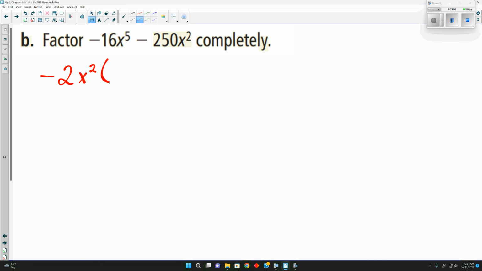So if we factor negative 2x squared out of negative 16x to the 5th, negative 16 divided by negative 2 is going to be a positive 8. X to the 5th divided by x squared is x to the 3rd. Negative 250 divided by negative 2 is going to be plus 125. And the x squared factors out completely. So we have negative 2x squared.